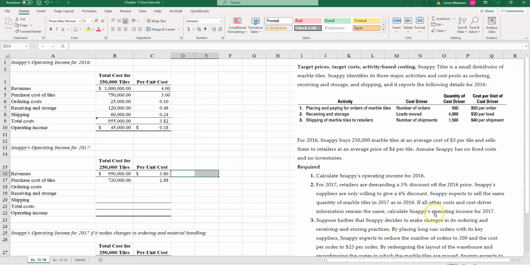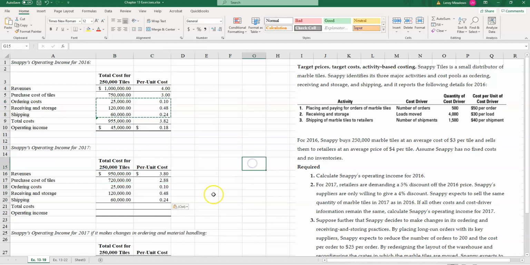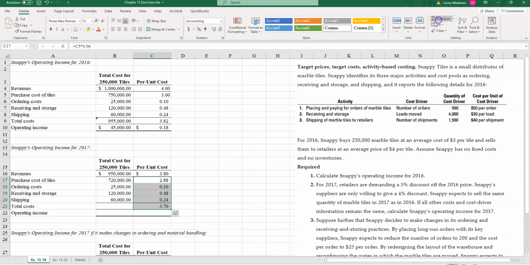And then we're told in the problem, all other costs and cost driver information will remain the same. So I'm just going to copy this information here. And so what is the new cost per tile? It is going to be $3.70. And what is the total cost of the tiles at these new prices, with the new selling price and with the new cost per tile? $925,000 in aggregate.